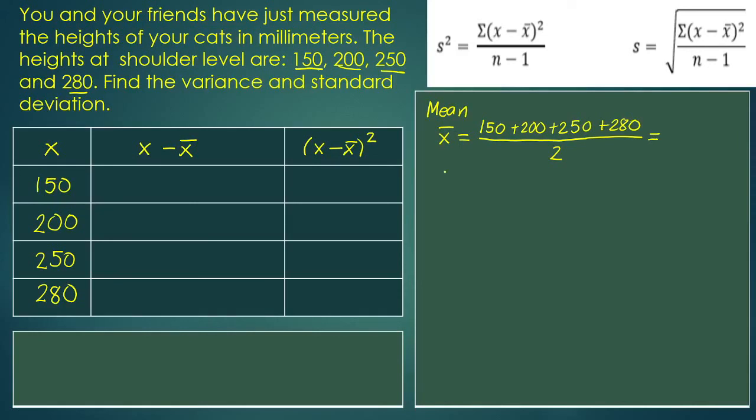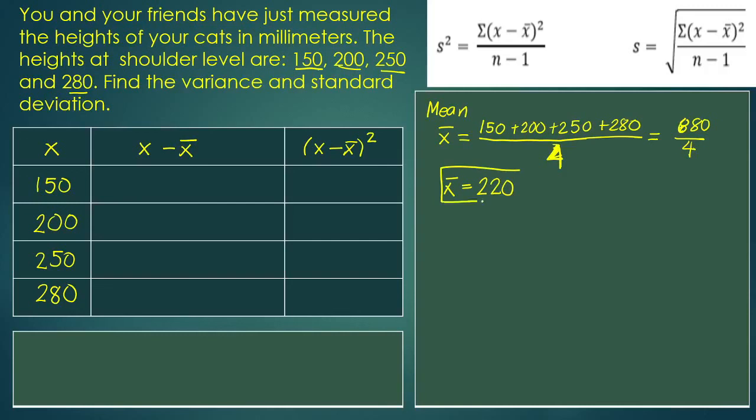The result here is 880. This is divided by 4, not divided by 2. 880 divided by 4. So how much is 880 divided by 4? There you go. So this will be the mean.